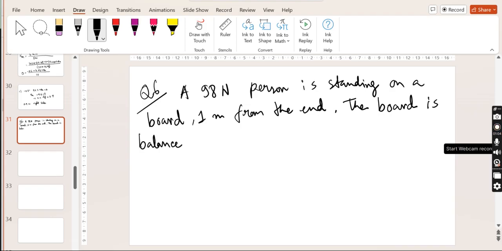The board is balanced on a point that is 2 meters from the sea.